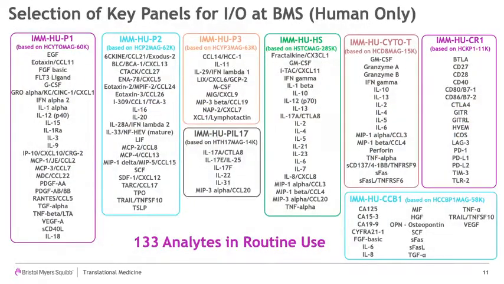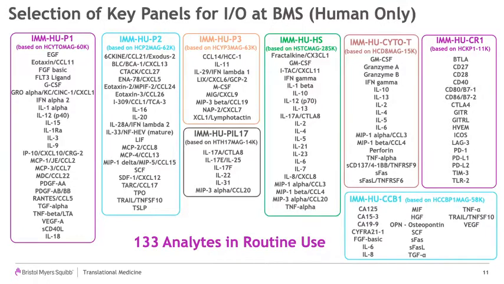With this outsized role of soluble biomarkers, including cytokines, chemokines, and soluble checkpoint molecules, it is probably not surprising that we have a large selection of analytes in routine use for IO-focused projects. Here, I am showing the 133 analytes and their corresponding panels that we use for human sample profiling.